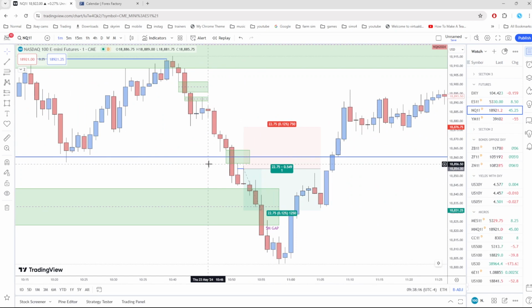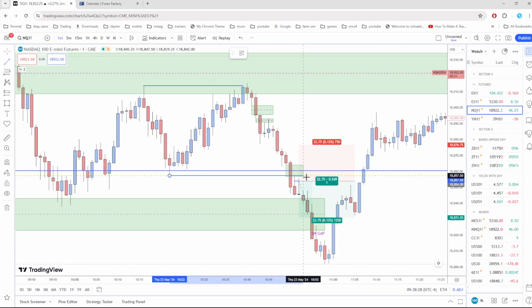All right, I took an entry over here. All right, so I got a wick. I have a fair value gap. And I would also look at high, low, higher high.